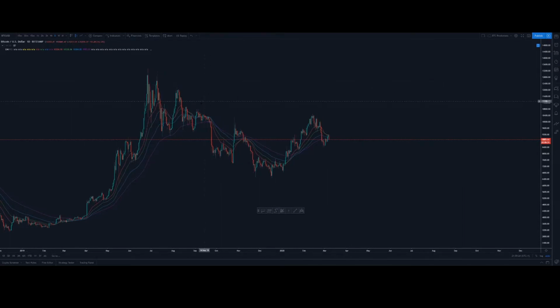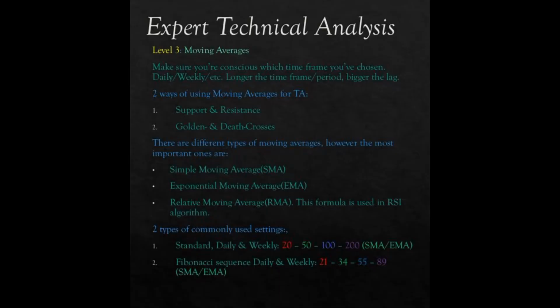However, today we're gonna talk about moving averages. Level 3 of the Art of Technical Analysis. This is also one of the most commonly used methods.